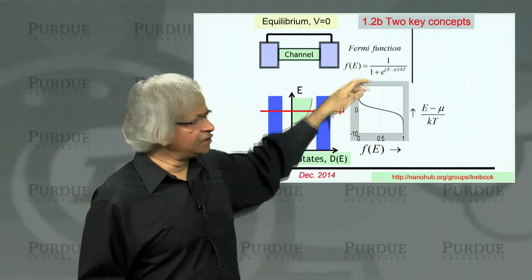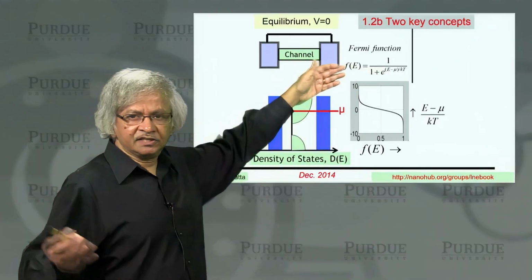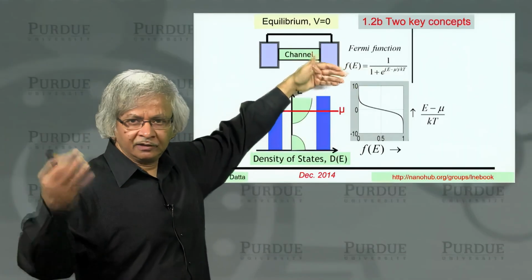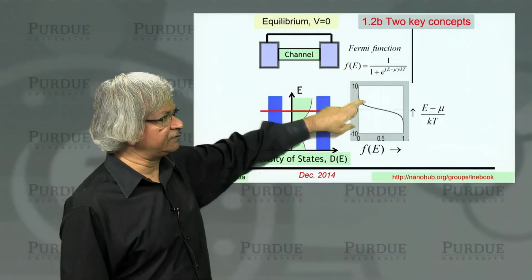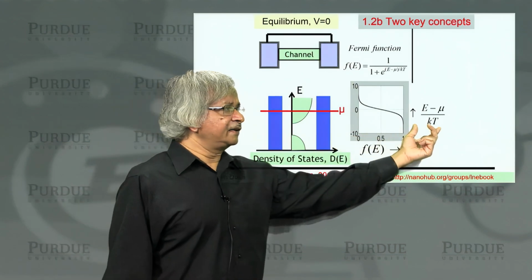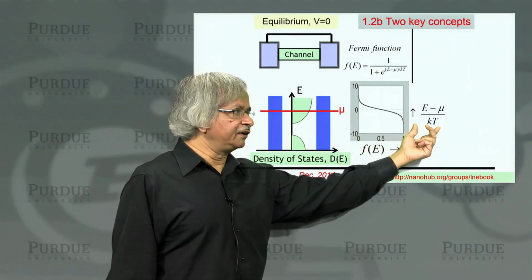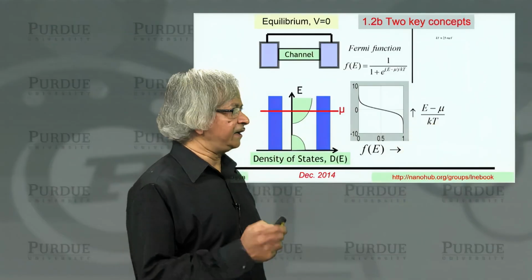It goes to 0. You could plot that function these days very easily on MATLAB or Mathematica, whatever you're comfortable with, and see how it looks. And as I said, one thing that comes up often in your thinking and discussions is this thermal energy, kT.